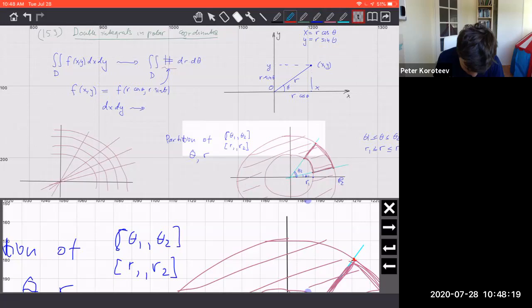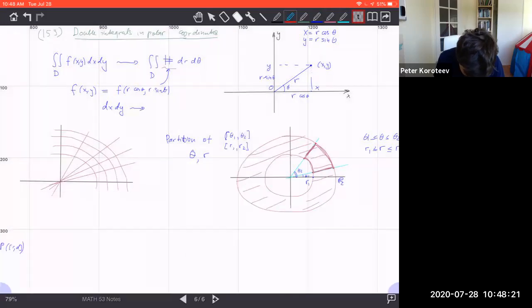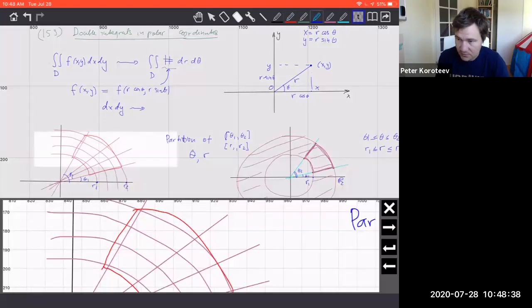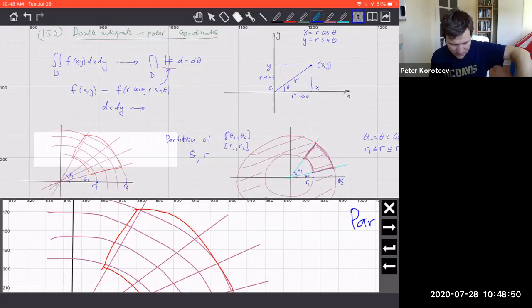So here, let's say this is theta 1, this is theta 2, this is R1 and R2. And this is our angular sector. Right? It's like a cake slice only with a hole in the middle. In the bakeries they have these torus-shaped kinds of cakes or things.